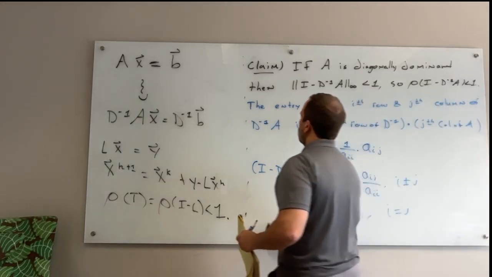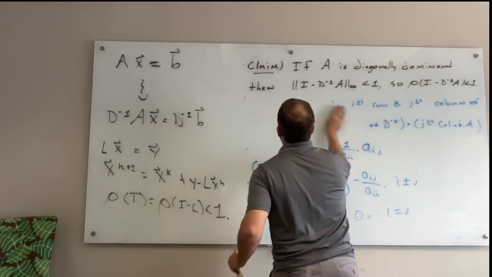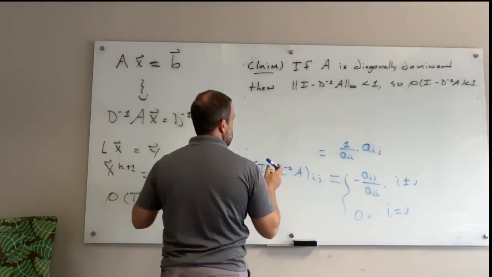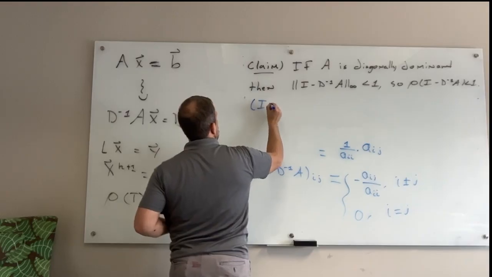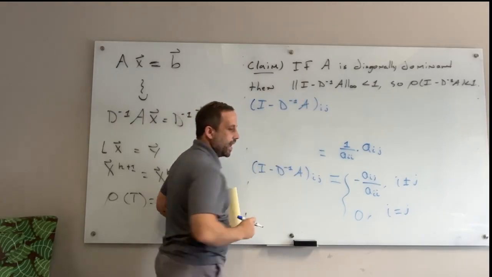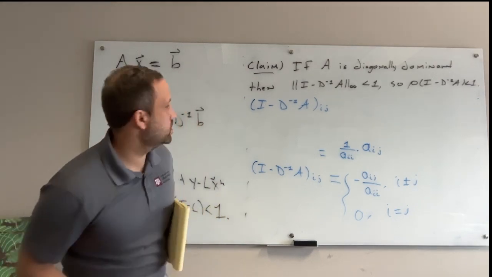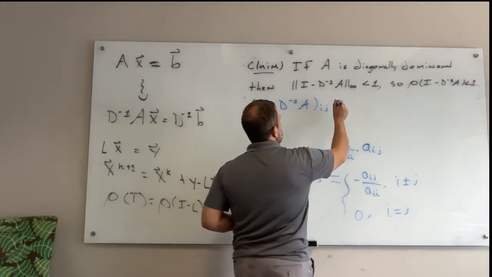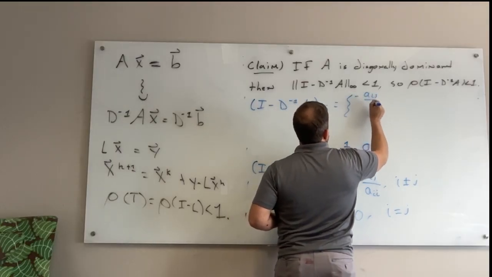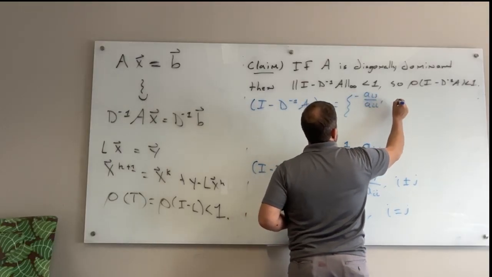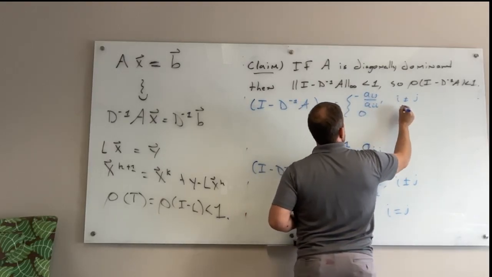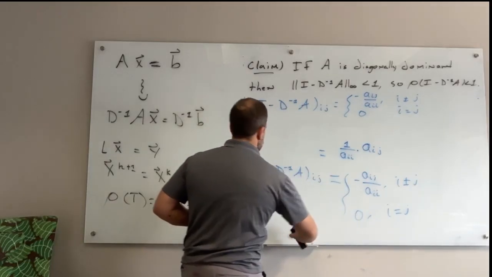Okay, so let me write that up here. The ij entry of this matrix, I minus D inverse A, is going to be equal to minus Aij over Aii if i is not equal to j, and it's going to be 0 if i is equal to j.